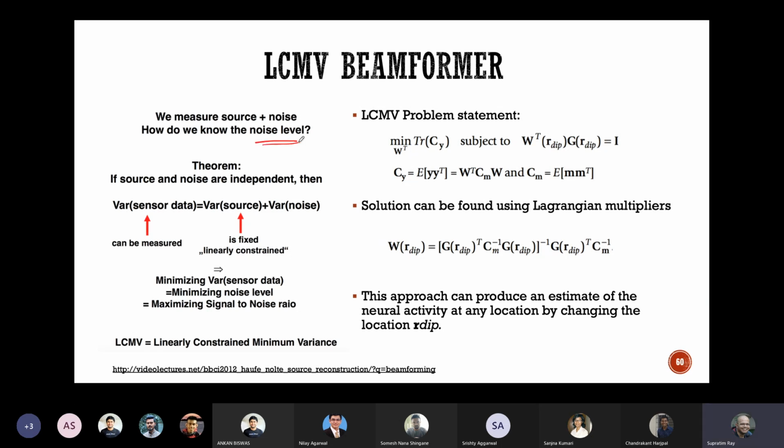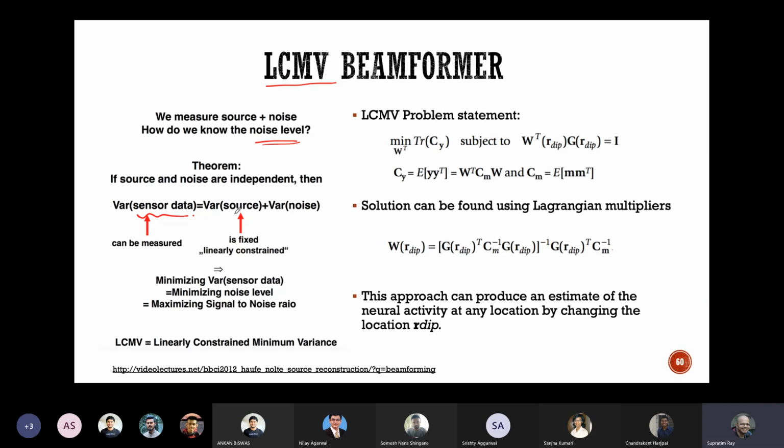I don't know what the noise level is. So how do I actually get an estimate of the noise? This is what is called the LCMV beamformer, the linearly constrained minimum variance beamformer. Here, the idea is that I can measure the sensor data.